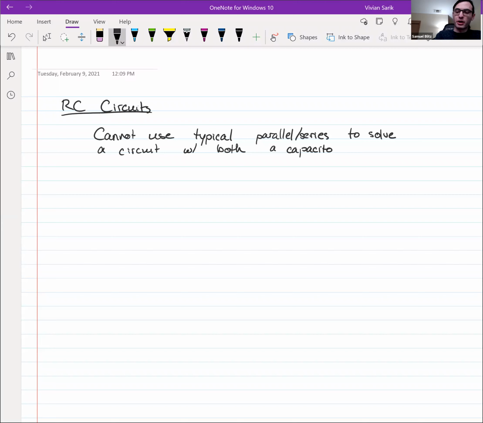I.e., it's just not possible to do. And that's because it doesn't really make sense to say that there is an equivalent capacitance for a capacitor that's in series with a resistor, because it's not just a capacitor, it's a capacitor and a resistor then. So we have to do a little bit more.